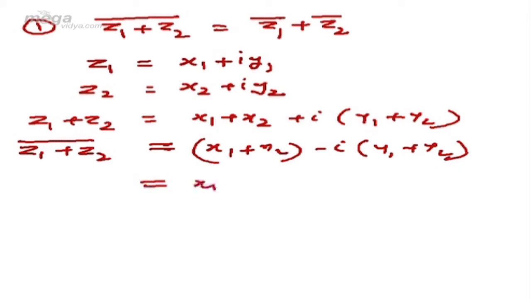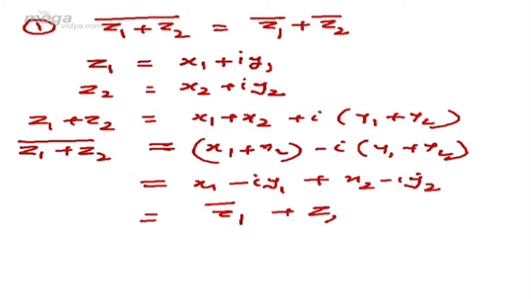This can be written as (x1 minus i y1) plus (x2 minus i y2). x1 minus i y1 can be written as Z1 bar and x2 minus i y2 can be written as Z2 bar. So (Z1 plus Z2) whole bar is equal to Z1 bar plus Z2 bar.